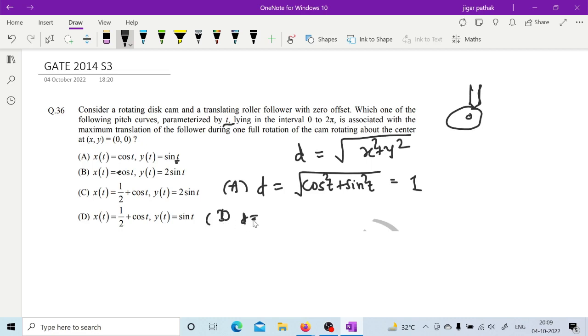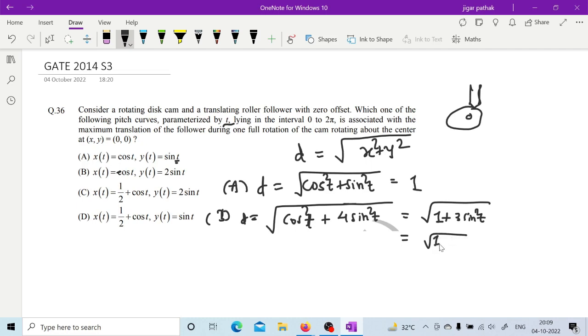For B, if you go, then it is cos square t plus 4 sine square t. So it is actually 1 plus this 3 sine square t. Now it will be maximum when that sine square t is 1.